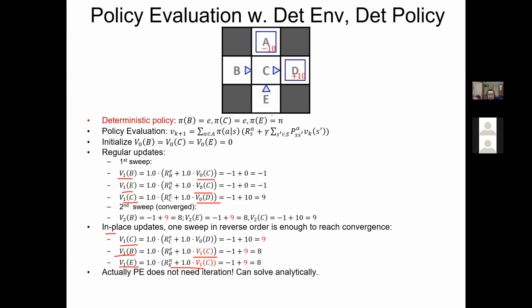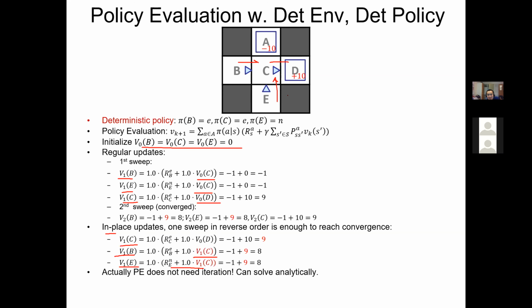So in this particular case, you have a deterministic policy where B always goes into C with the deterministic environment, C always goes into D, and E always goes into C. Initially, the values of B, C, and E are all 0.